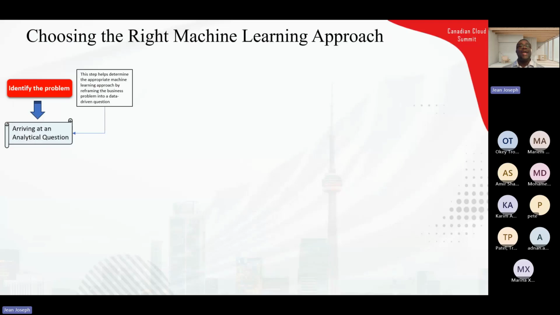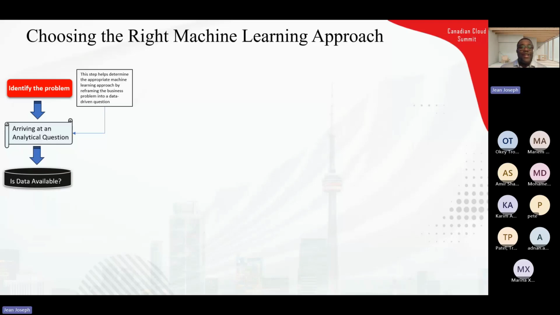For example, instead of asking why are customers leaving, we can change that question to make it more analytical and task-oriented. We can change it this way: what are the top predictors of customer churn in the last 6 months, right? So consider now we have the problem. We turn the problem into analytical questions. So next is the data.